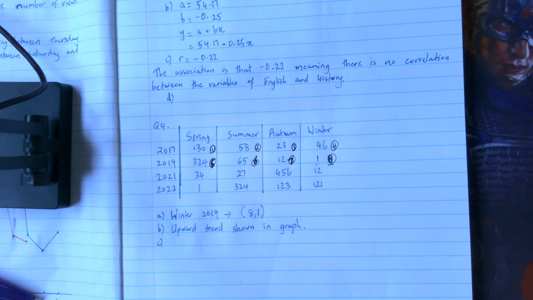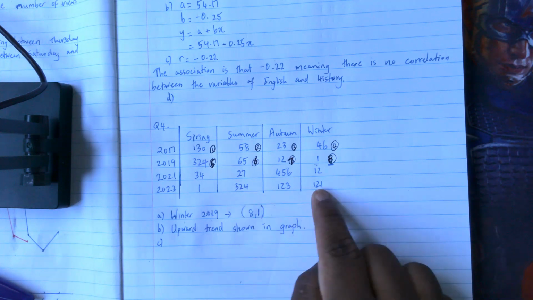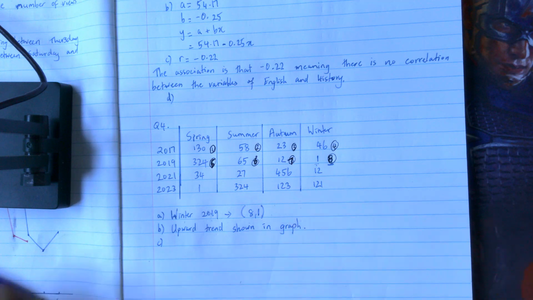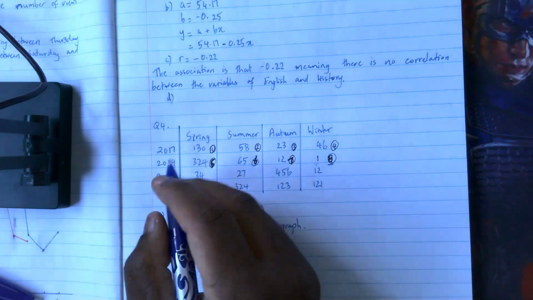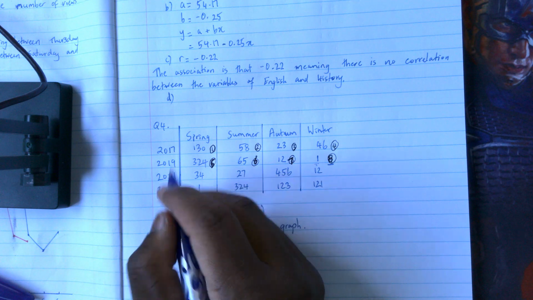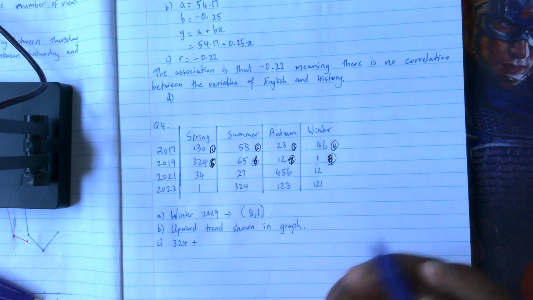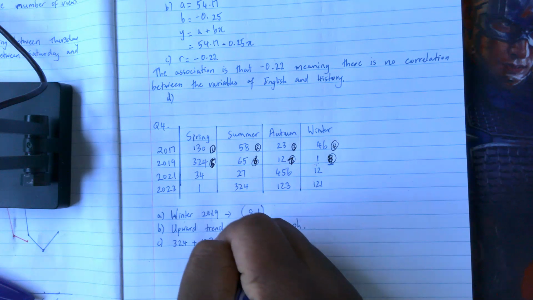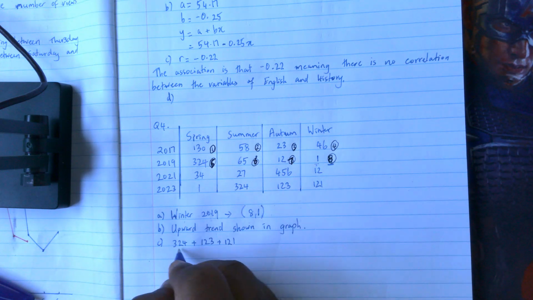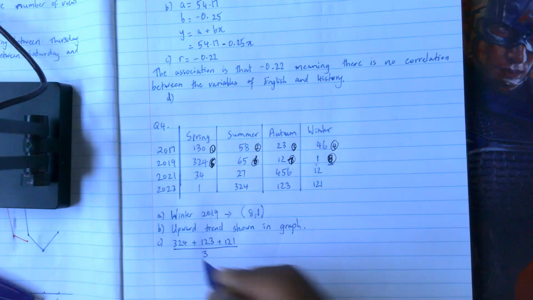Alright, let's look at the last 3 points. That's our bottom row here. So we would take 324, we would add 123 plus 121 and divide them by 3.